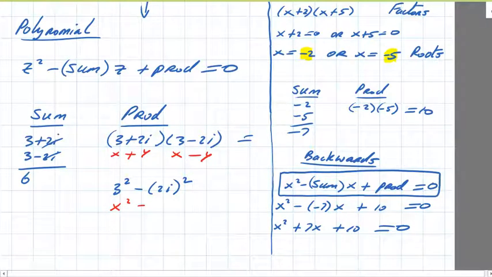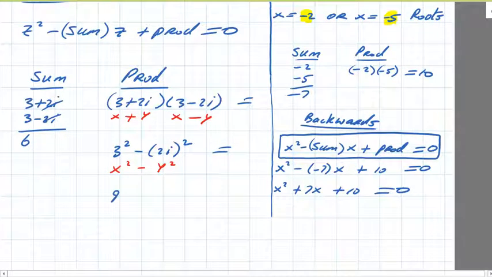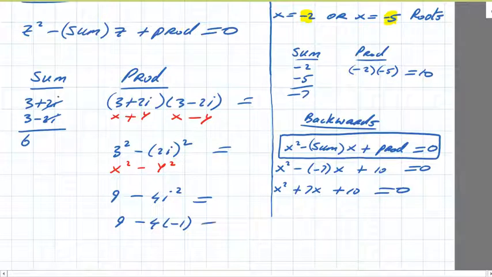If you're not confident using that method, you can just multiply out the brackets the long way if you want. That's okay as well. But when you do that, you get 3 squared is 9 minus 2 squared is 4i squared, which is 9 minus 4 by minus 1, because i squared is minus 1. So it's 9 plus 4, which is 13.